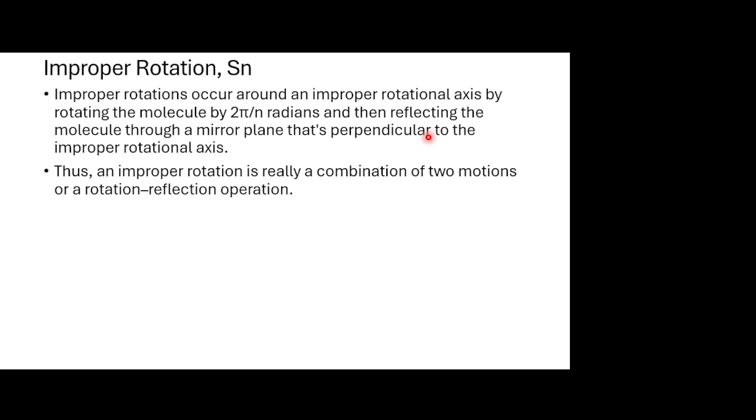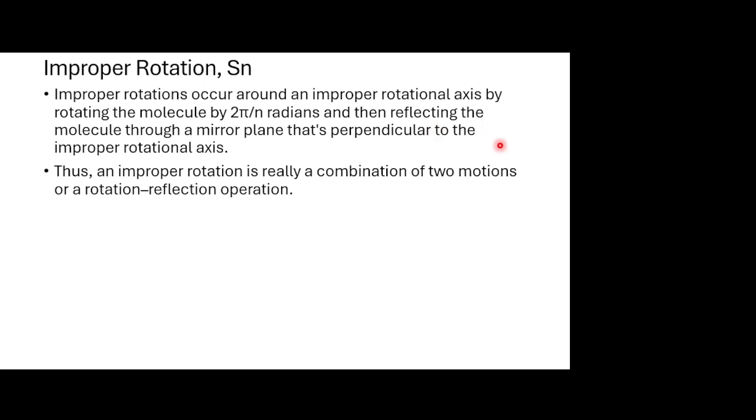So what you're going to do is the improper rotation. You'll rotate the molecule, and then you're going to reflect the molecule through the mirror plane so that it's perpendicular to the improper rotational axis. So essentially, rotate and then reflect. In the improper rotation, we actually have a combination of two motions.